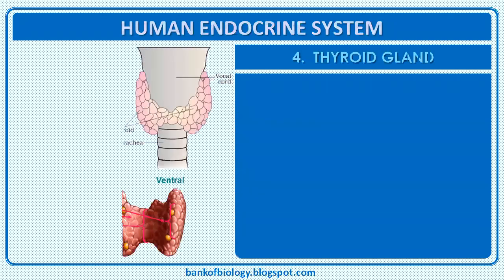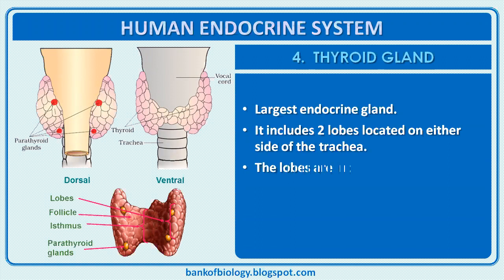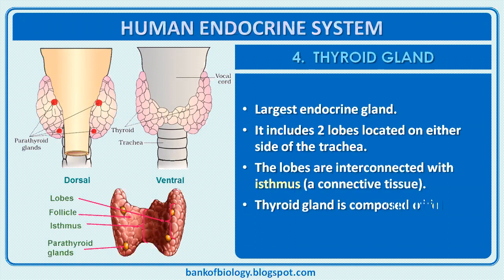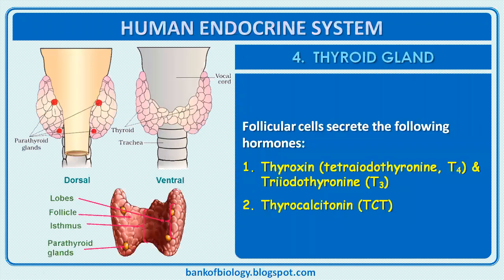So then the thyroid gland, the largest endocrine gland we can say, which includes two lobes on either side of the trachea. The two lobes are connected to each other by an isthmus, a connective tissue. The thyroid gland is composed of follicles, and the follicular cells secrete the thyroxine hormone.